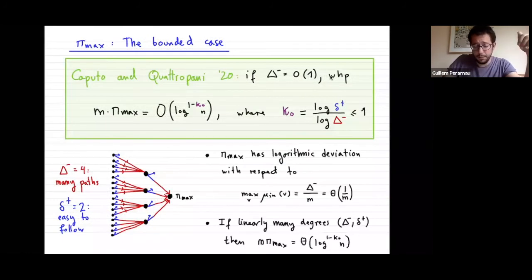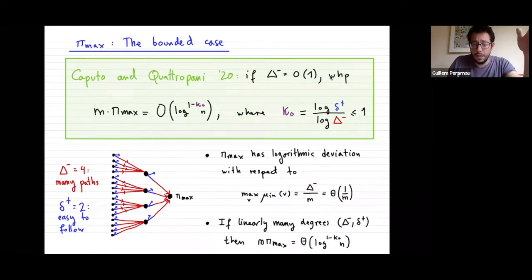As I was saying, this pi max is going to have some logarithmic deviation with respect to the maximum in degree, because the maximum in degree is just delta minus divided by m. But delta minus was a constant, so it's of order 1 over n. So it deviates by at most a logarithmic factor with respect to this in degree distribution.